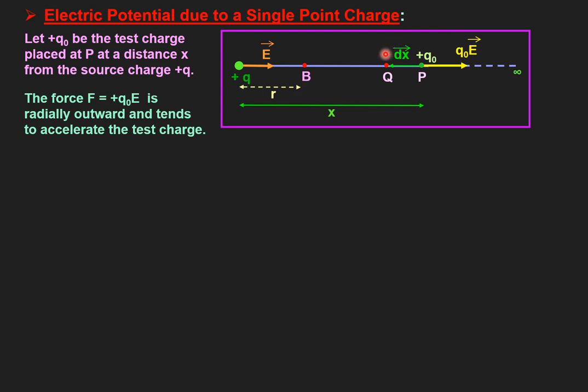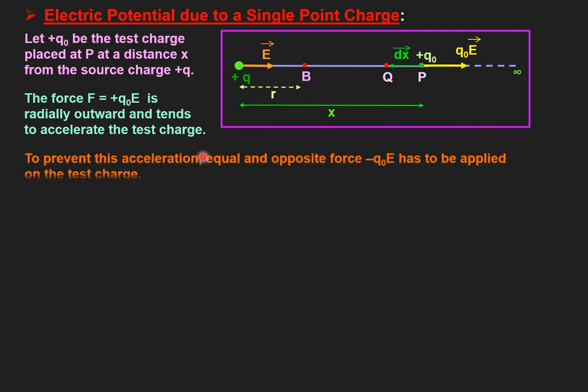If we do not want acceleration, the force must balance this force itself. So we are going to apply an external force. To prevent this acceleration, an equal and opposite force is needed: of what magnitude? Q naught times E, and the direction must be opposite to the electrostatic repulsive force. That's why negative Q naught times E has to be applied on the test charge.